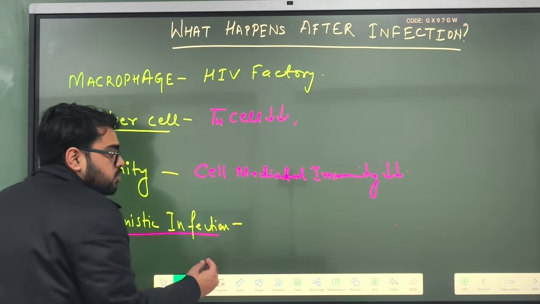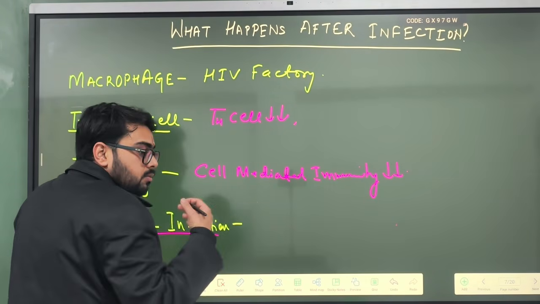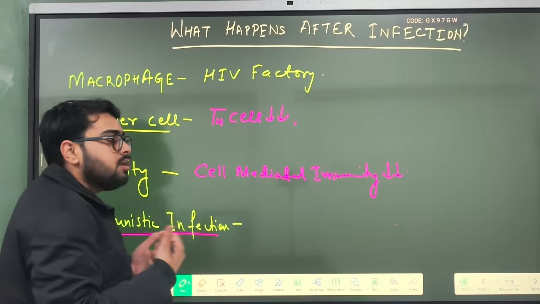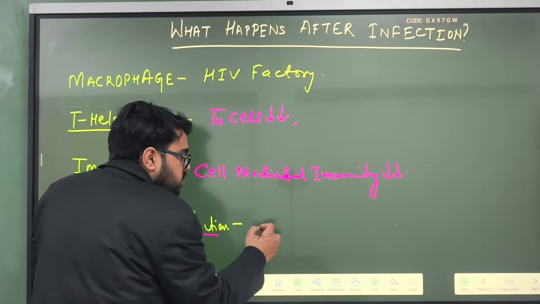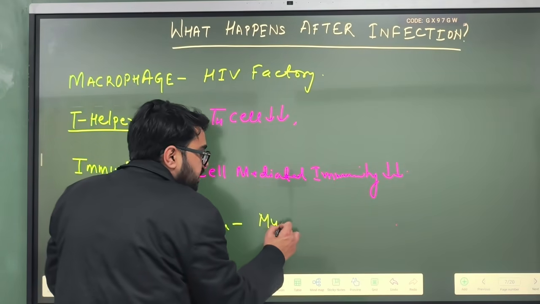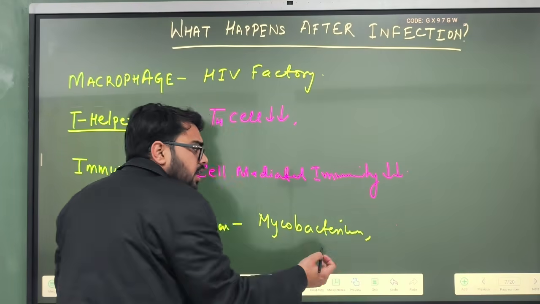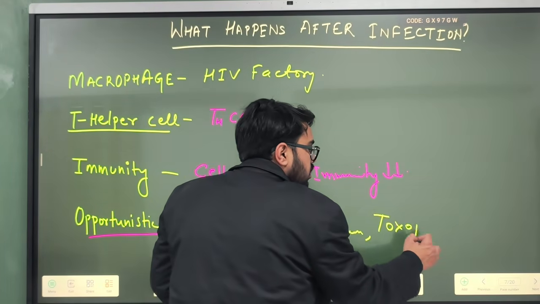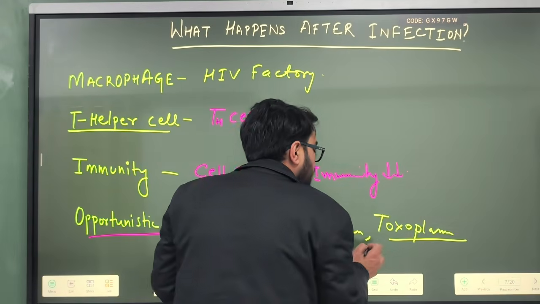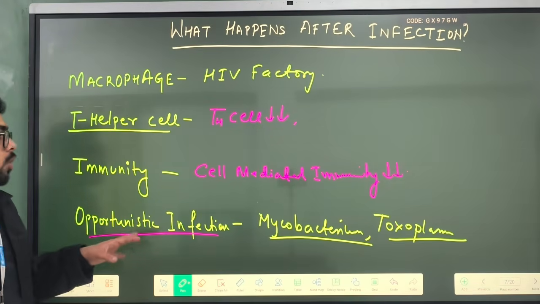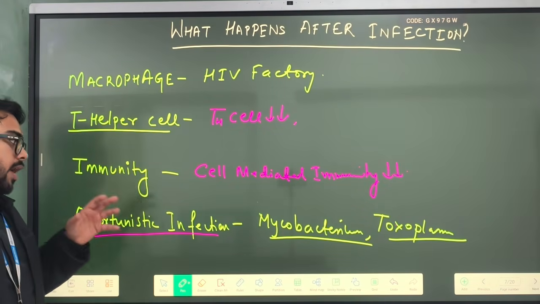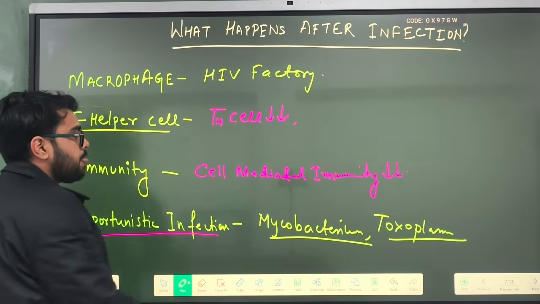And because of the opportunistic infection, the person will get sick again and again. Which bacteria can cause problems at that time? Mycobacterium can. According to the NCERT, toxoplasma can also cause problems. These are the opportunistic infections which occur multiple times.